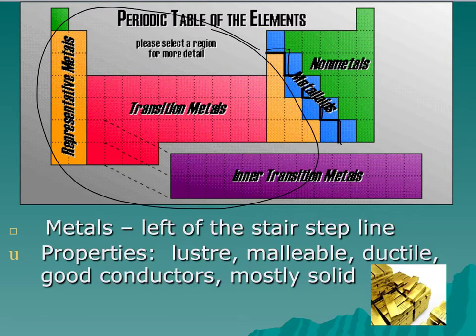So they have properties of a metal, such as luster, means they're kind of shiny, malleable, which means that they can be bent. Ductile means they can be pulled into wires. They are good conductors, so this is why, like the wires in your house, when you flip on a light, those wires themselves are made of certain types of metal. And most metals are solids.